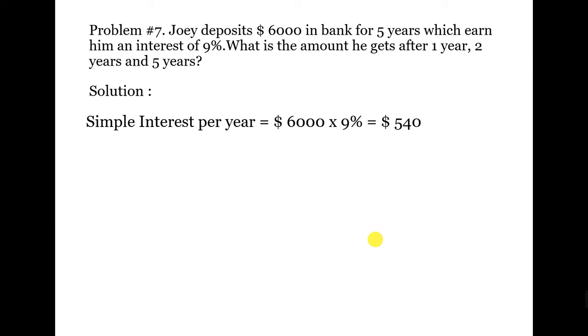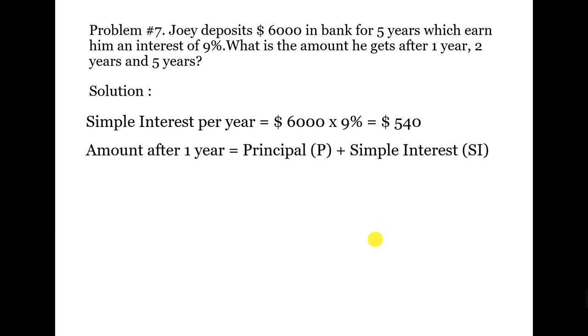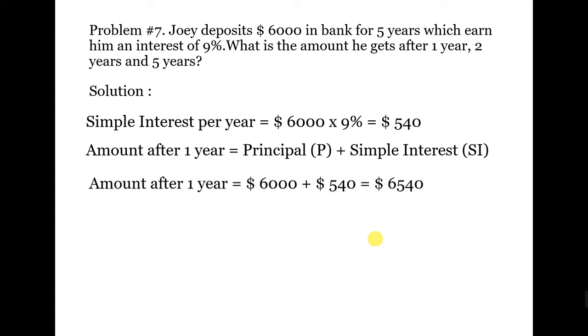Now, to solve for the total amount gets after 1 year, 2 years, and 5 years, we will use the formula sum of principal amount, which is the deposit amount, and simple interest worth of $540 per year. So for 1 year, it is equal to $6,540.